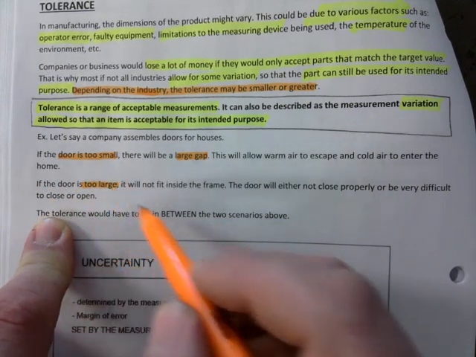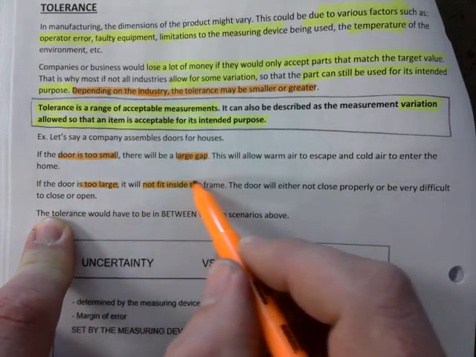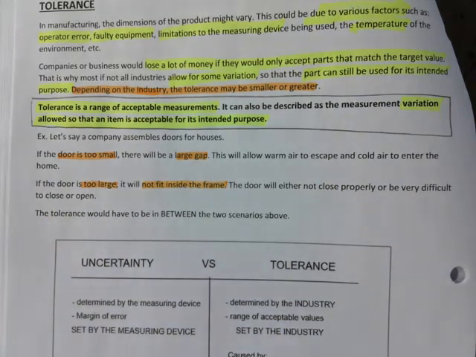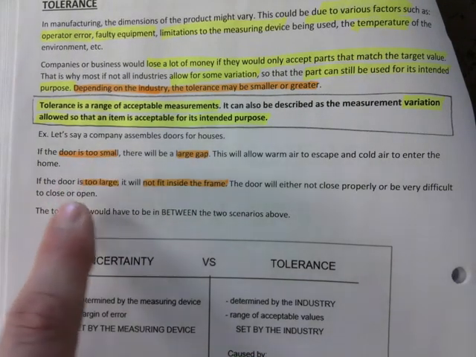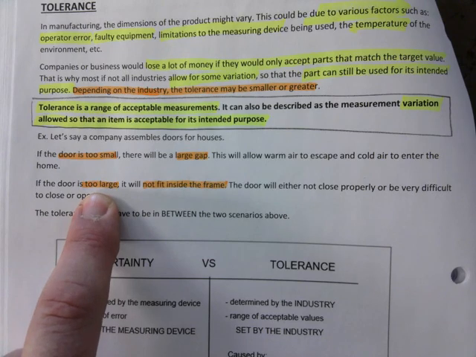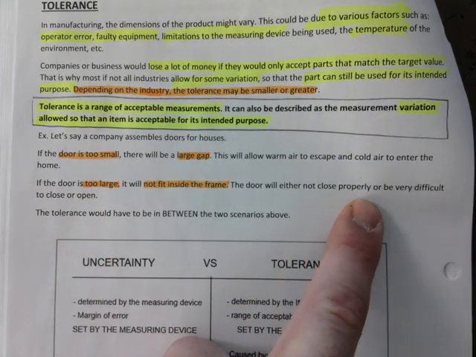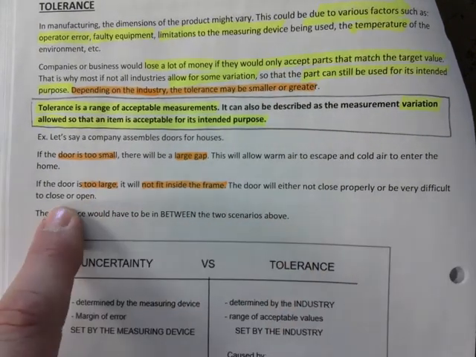If it's too large, the door would just not fit inside the frame, right? This is basically, guys, the concept of tolerance in words, okay? You can't have it too small, you can't have it too large. The door would either not close properly or it would be very difficult to open or close.